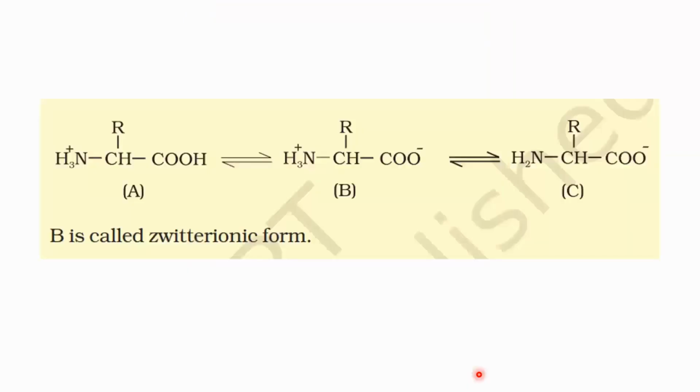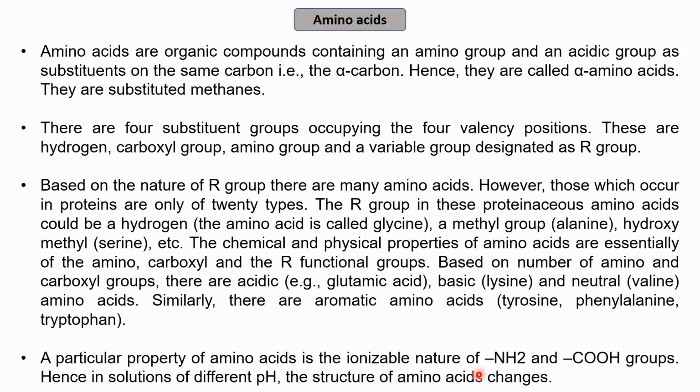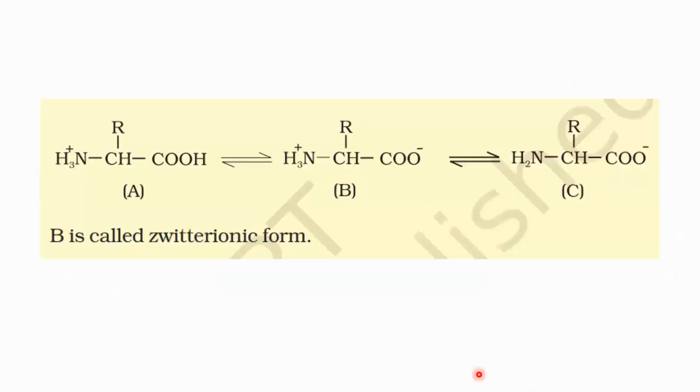Now, I was talking about the ionizable nature of the NH2 and COOH group. Because of that, an amino acid may acquire either a positive charge or a negative charge in solutions of different pH, and there might be a pH where both the groups are in the ionized form and the net charge on the amino acid is 0.